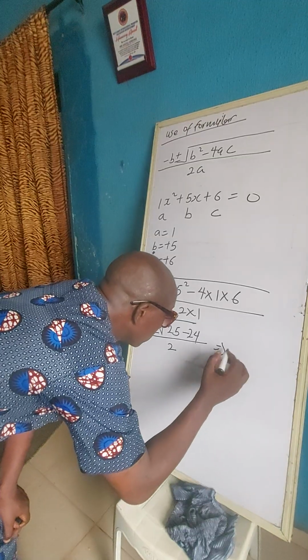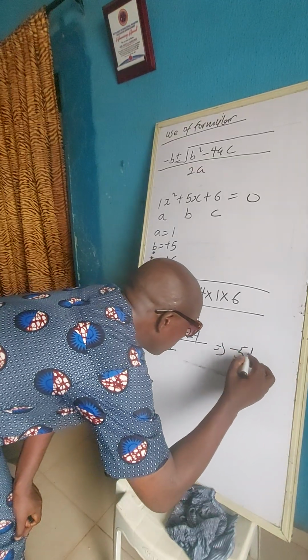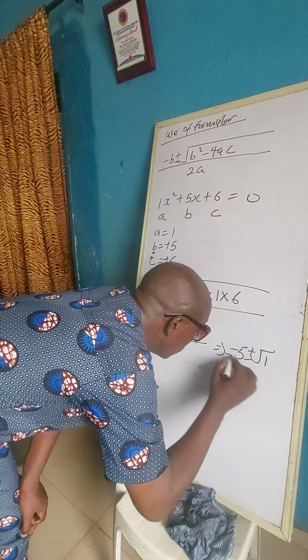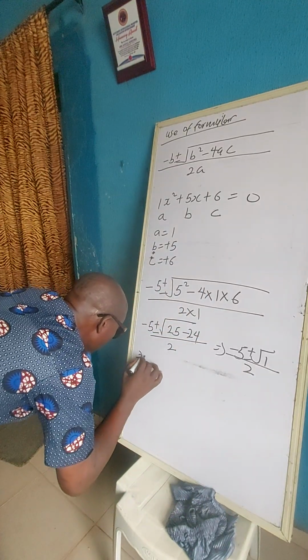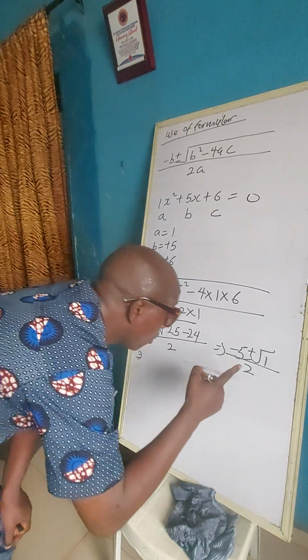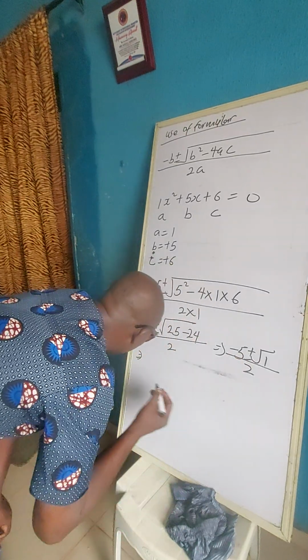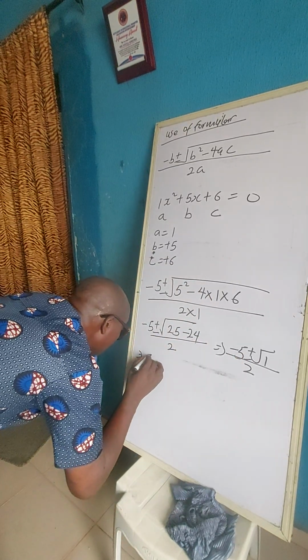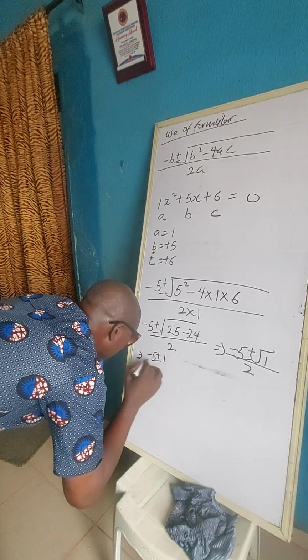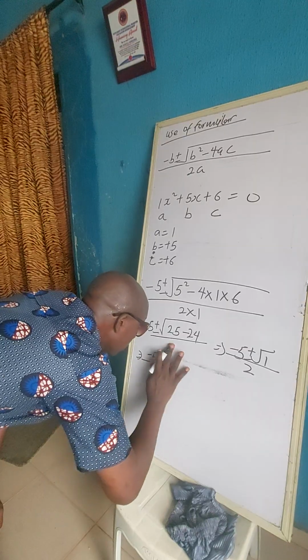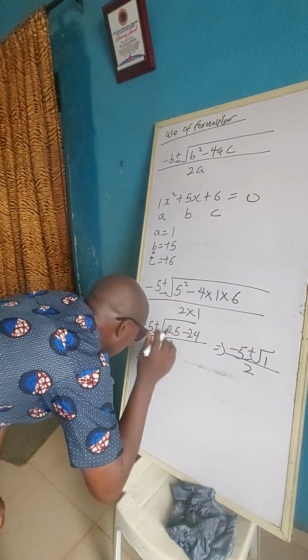It means minus 5 plus or minus square root of 1 over 2. The square root of 1 is also 1. It means minus 5 plus or minus 1 over 2.